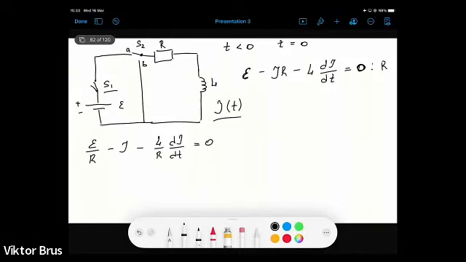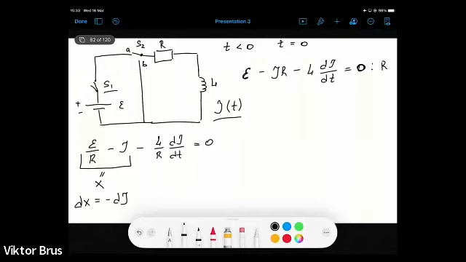Now let us make a substitution. Let's consider that epsilon over R minus I is equal to some x. Obviously, dx will be equal to minus di, because electromotive force and resistance are just constants. They don't change over time.